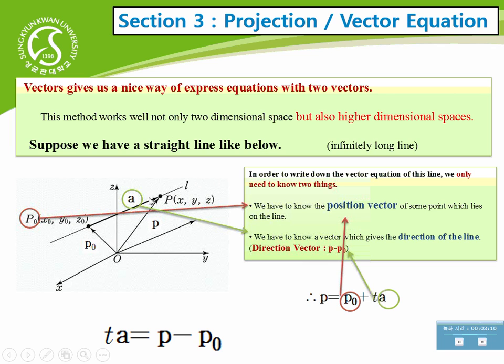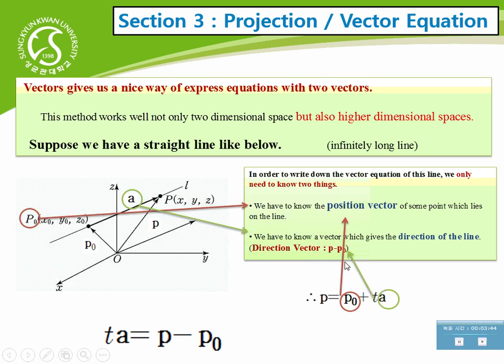From this, we can see P minus P0 is on this tA, and this can be written as P equals P0 plus tA. This is the vector equation of the line. Not only in R3, it works the same for R5 or R10, in Rn as well. Any line in n-dimensional space can be written in this vector form.